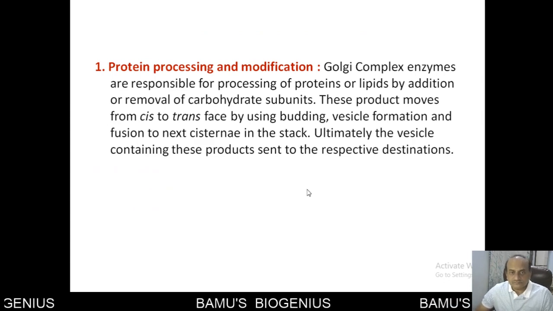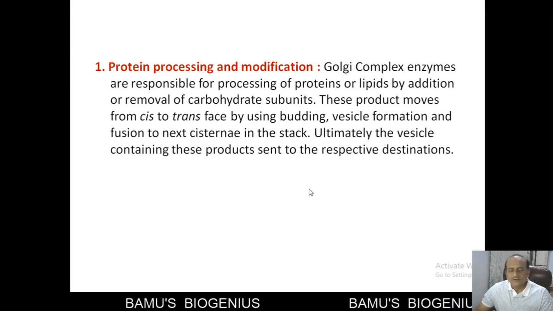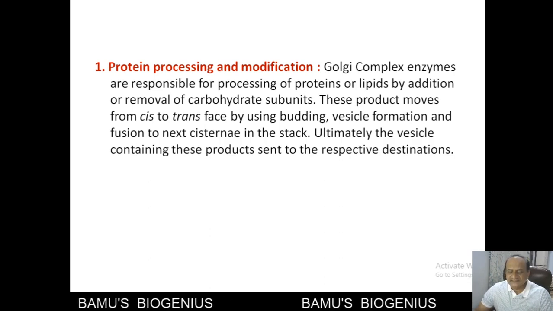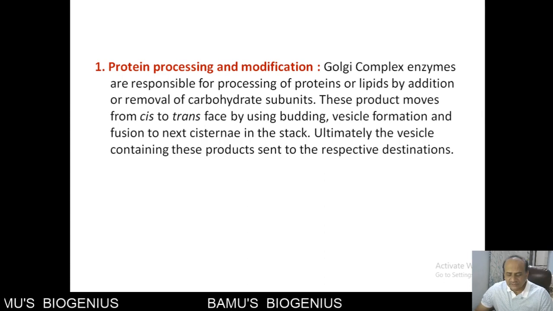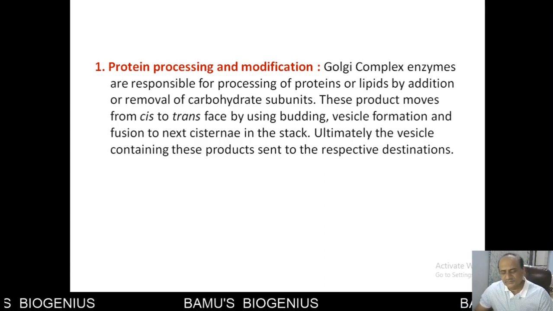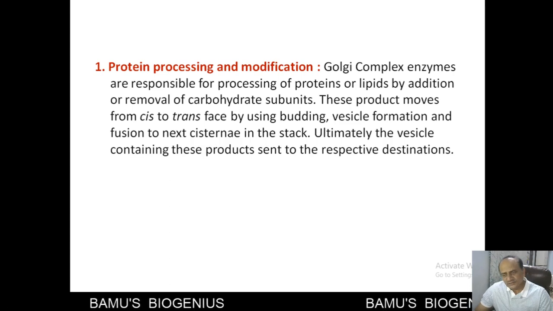Now, the first function of this is protein processing and modification. As we know, the proteins and different kinds of enzymes are synthesized in the endoplasmic reticulum. The smooth endoplasmic reticulum also takes part in the synthesis of lipids. So the proteins and lipids synthesized in the endoplasmic reticulum are transported to the Golgi complex.